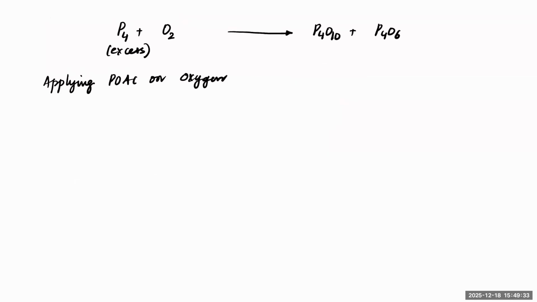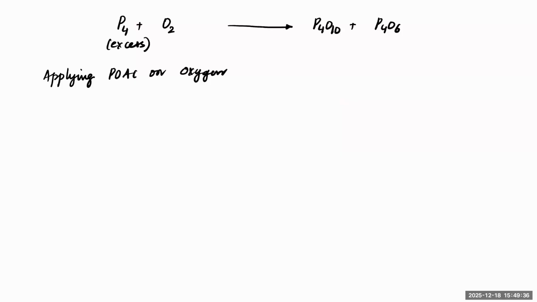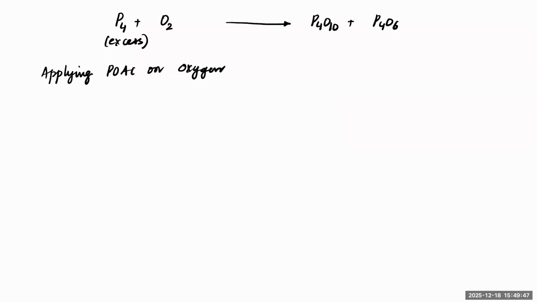Devarshi, could you iterate what should be the equation? Can I write this? 2 times the number of moles of O2 must equal 10 times the number of moles of P4O10 plus 6 times the number of moles of P4O6.